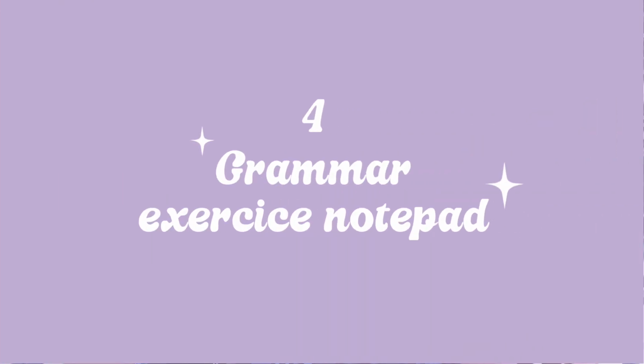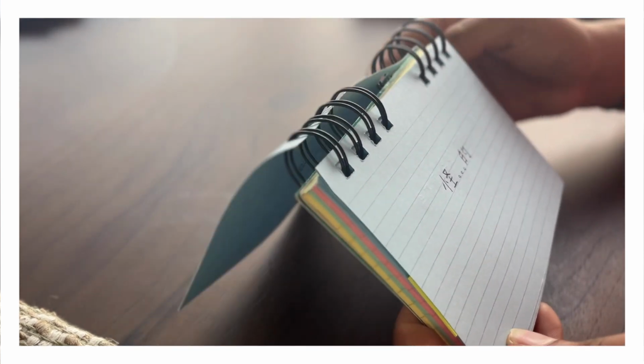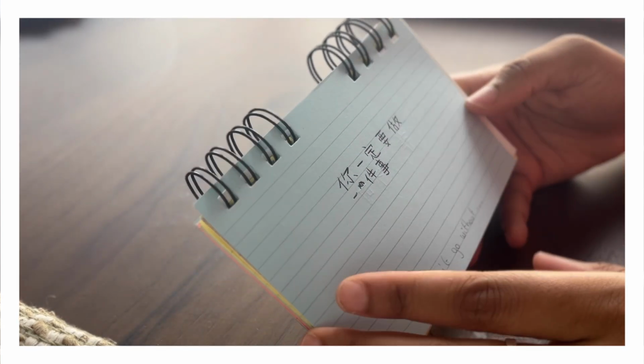Apart from flashcards, I have this exercise I like to do to practice making sentences out loud with the grammar point. I have this little notepad with all the grammar points I learned. One side is the Chinese sentence pattern, the Chinese grammar point, and the other side is the explanation. For the moment, I'm still doing it in English, but I'm trying to transition more to Chinese explanations without relying on English translation.